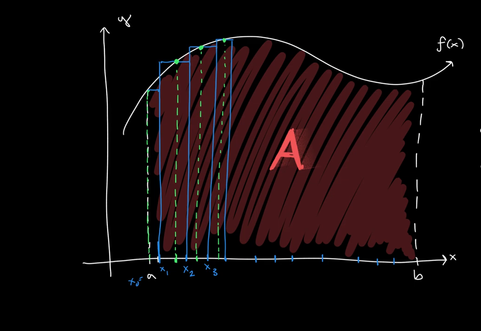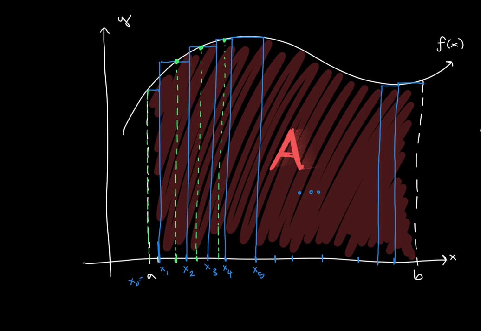Let me do a few more. We take some random tag, and I'll explain what the actual integrability part means. This would be x sub 4, x sub 5, and this continues till at some point we have this rectangle and this rectangle.